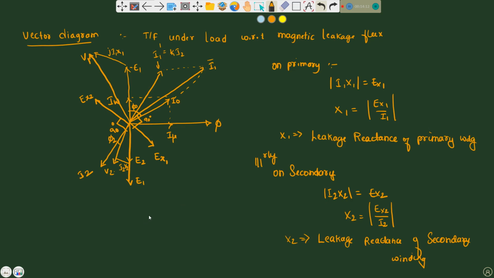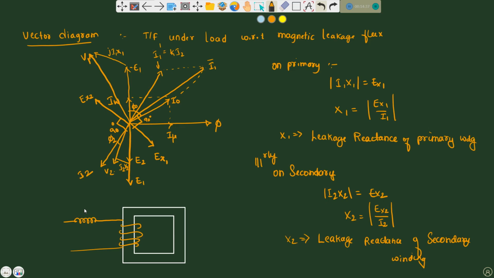So if you draw the equivalent circuit here, we are introducing in series an inductive reactance, right? Here it will be X1.